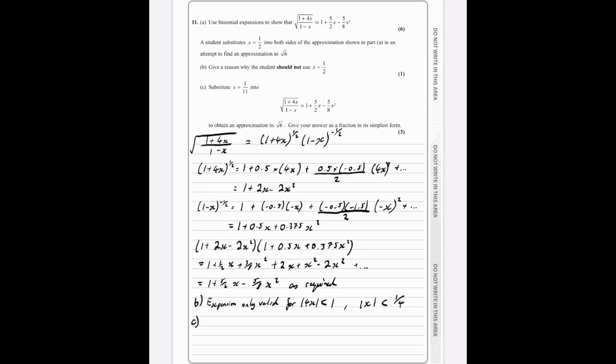For C, it asks us to plug in 1/11 into our fraction and square root it, and also plug it into the expansion and equate the two to come up with an approximation for root 6. So I shall plug 1/11 into the fraction first, and that's going to be approximately equal to what I get when I plug 1/11 into the expansion.